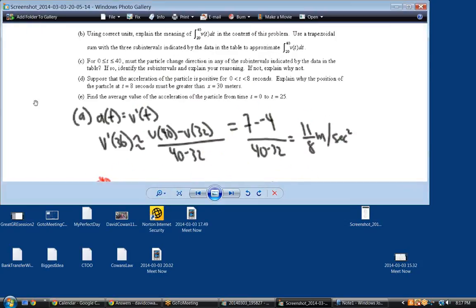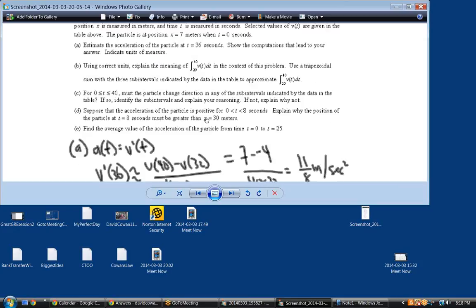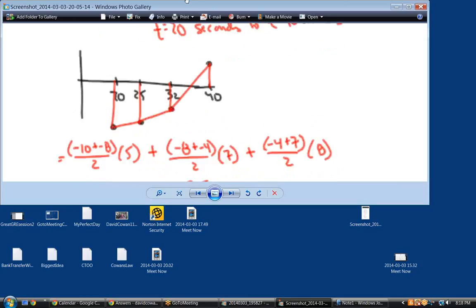C says, for t between 0 and 40, must the particle change direction in any of the subintervals indicated by the data in the table. So she's saying that in these 3 intervals that she drew, does the particle change direction ever?